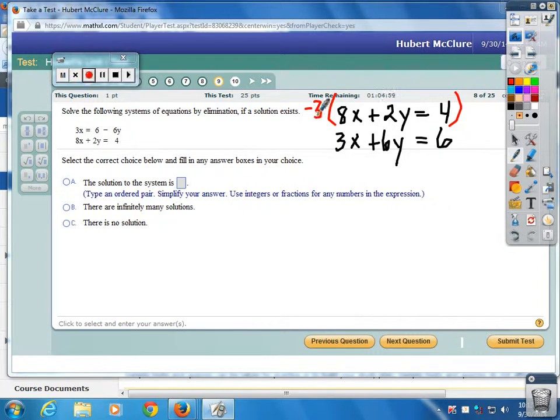So negative 3 times 8x is negative 24x. Negative 3 times 2y, hold on. And negative 3 times 4 is negative 12. Now, why did I multiply by that negative 3?